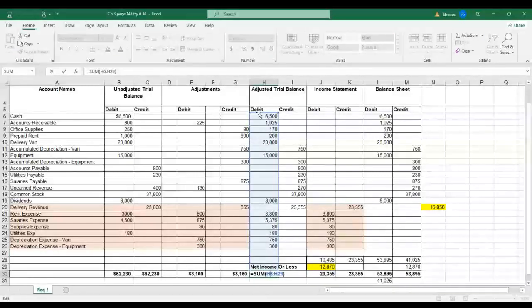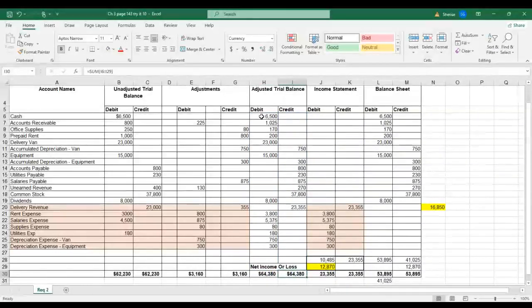So when you double click here, it shows we're pulling in all of these numbers. So all of our debits equal all of our credits, and it shows down here the sum is $64,380 in the bottom right. Same for that side. So our debits and credits total on our adjusted trial balance. So we're good so far.